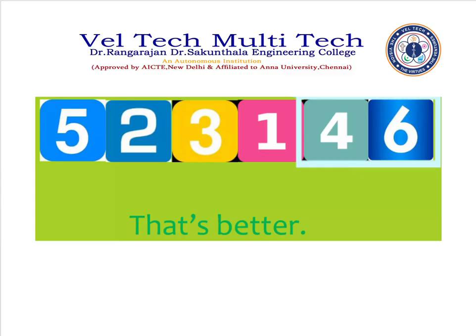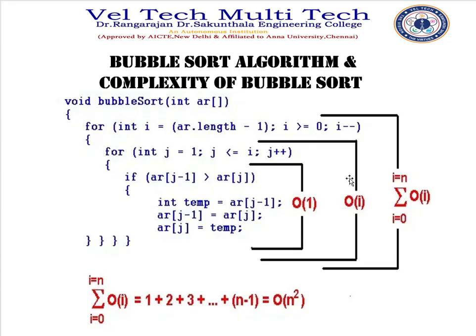This algorithm is represented here in the form of code. Bubble sort is the function name, and this method is going to get the integer array.